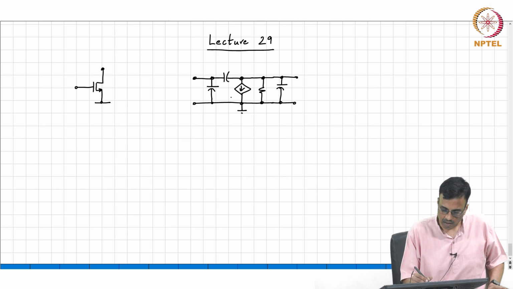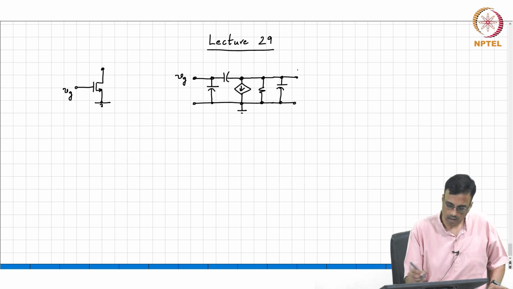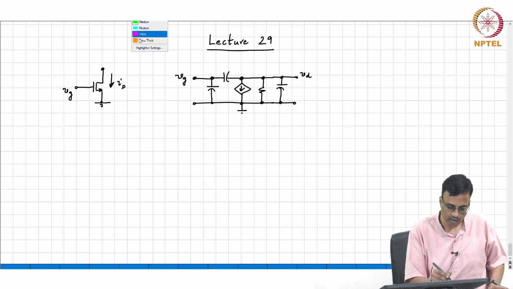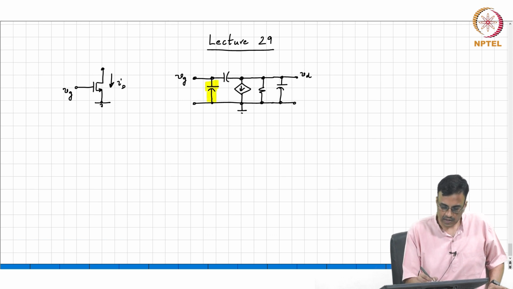So, this is VG, this is VD, and all these elements are all the memory elements.